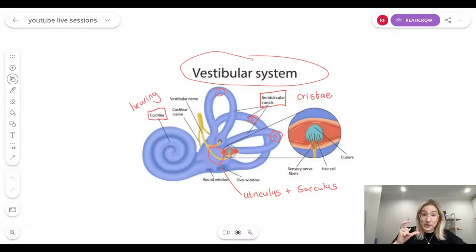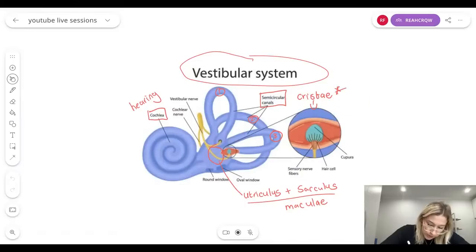It sits at the bottom of the loop, okay, which is actually what you can see in this picture down here. The utriculus and sacculus, that sensory organ is the maculae. And I can understand why many of us confuse all these words together because they're all a little bit similar. But we do need to know these off by heart. So these are the 2 most important structures we need to know. Those are your receptors. They are the ones that are receiving information, telling the body and the brain where your head is and in what direction you're moving.